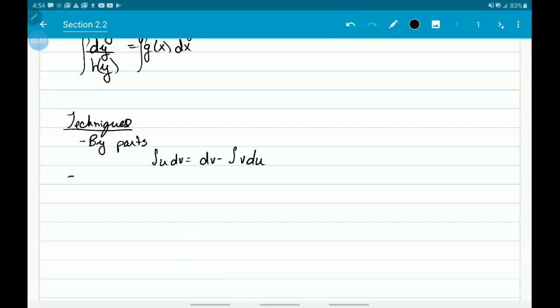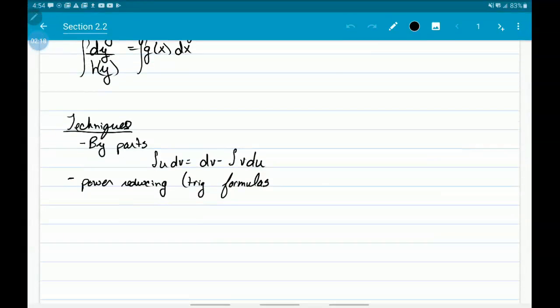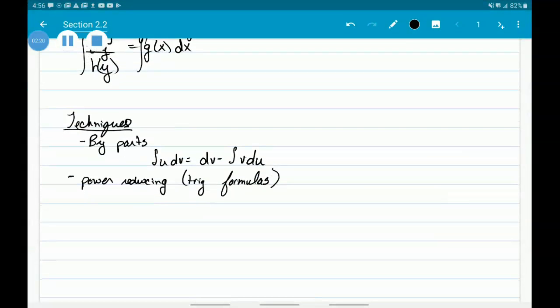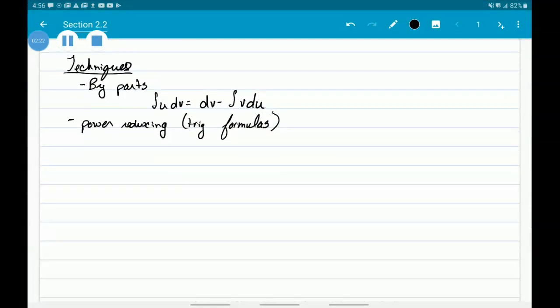We may have to use power reducing functions, and this was typically used for trig. So your power reducing formulas: we had one for sine squared, which was equal to 1 minus cosine of 2u over 2.